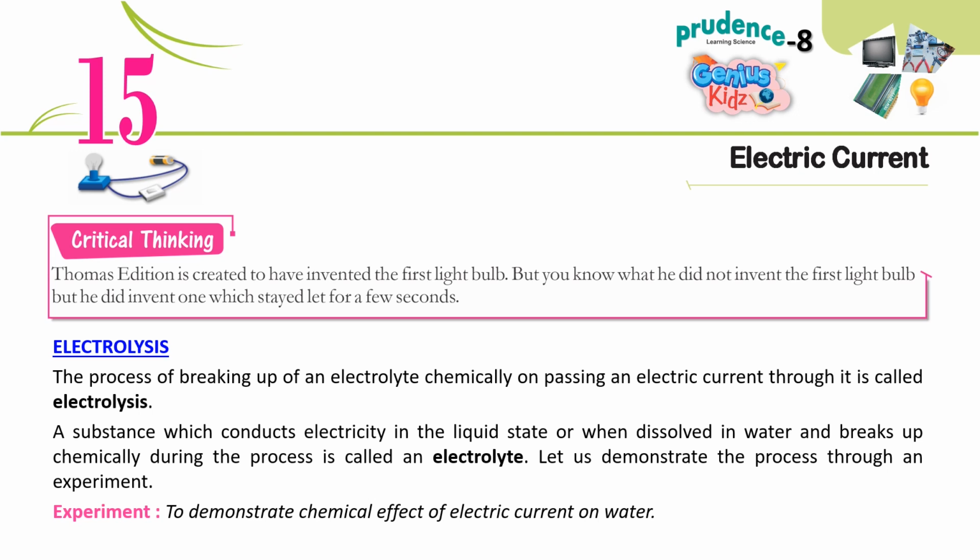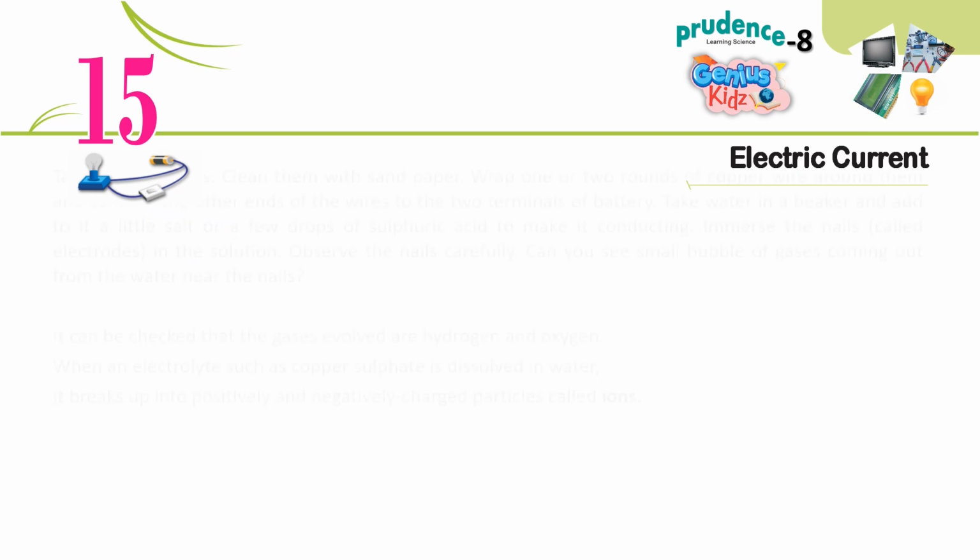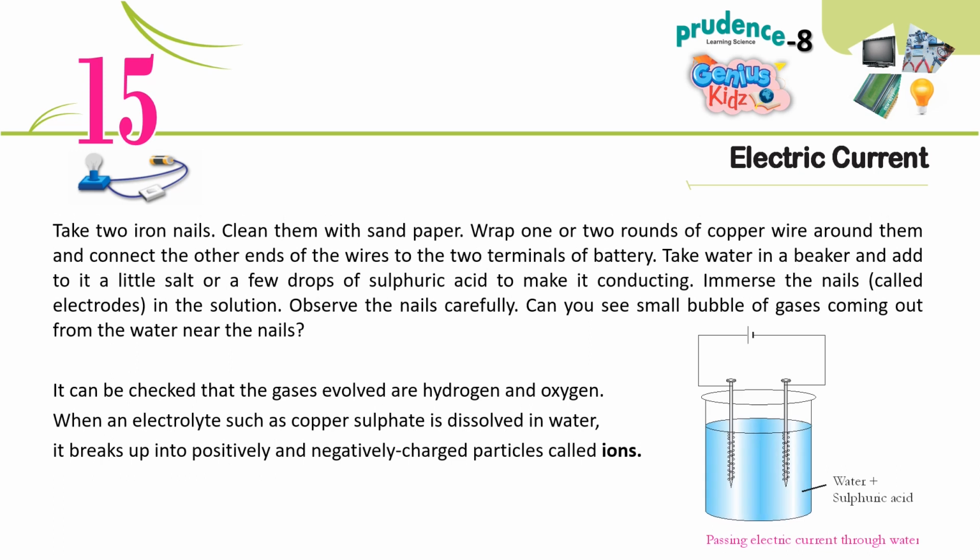Experiment to demonstrate chemical effect of electric current on water. Take 2 iron nails. Clean them with sandpaper. Wrap 1 or 2 rounds of copper wire around them and connect the other ends of the wires to the 2 terminals of a battery.